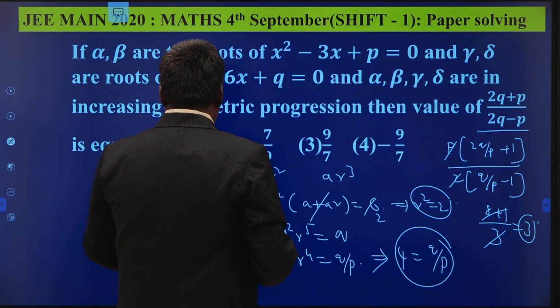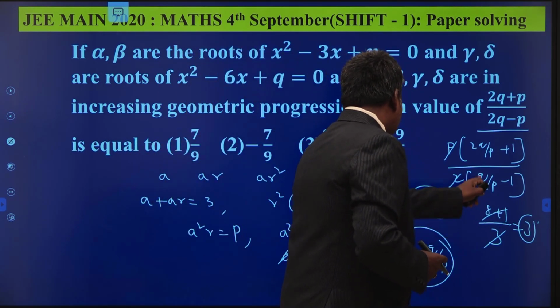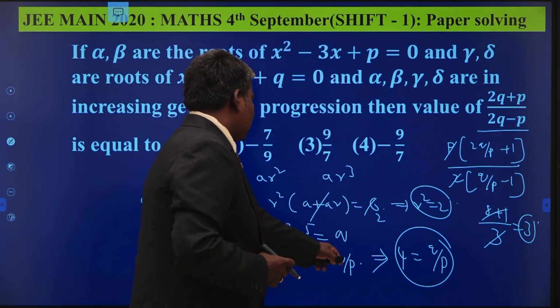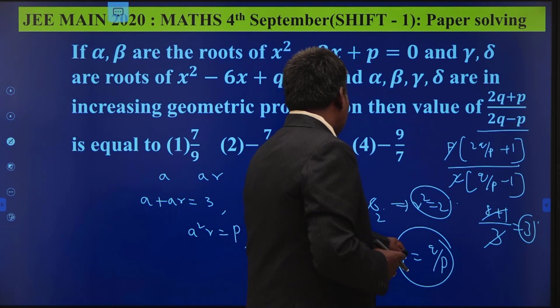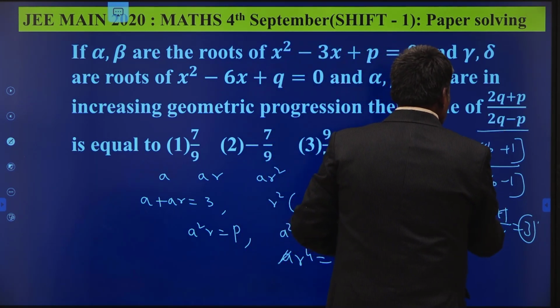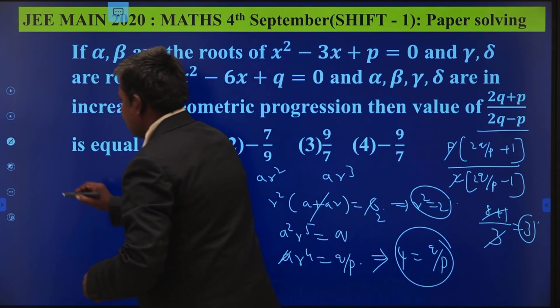9 by 7. q by p is what? 4. A square r power 4 is equal to q by p, that is q by p is what your value? 4. Q by p is 4, 2q is there. Here is also 2q, 2 times of q minus p.